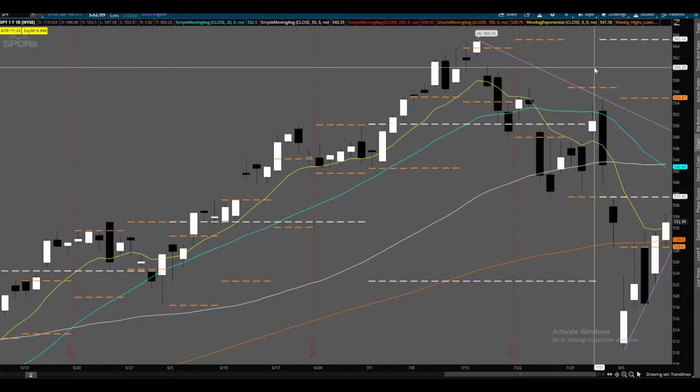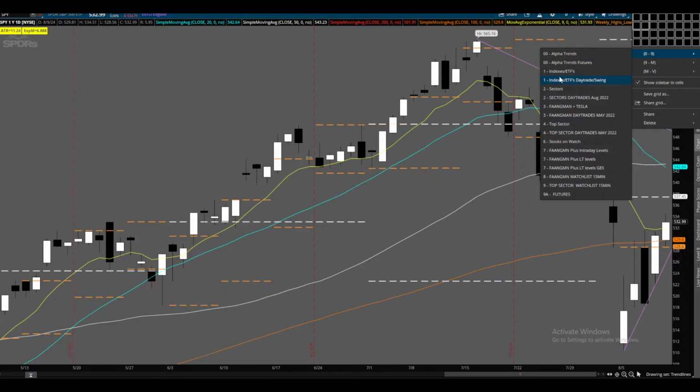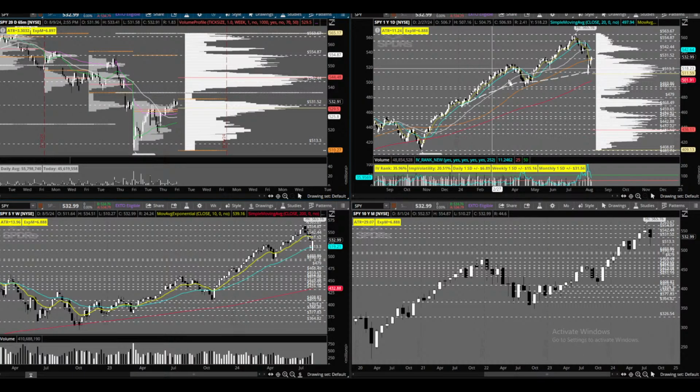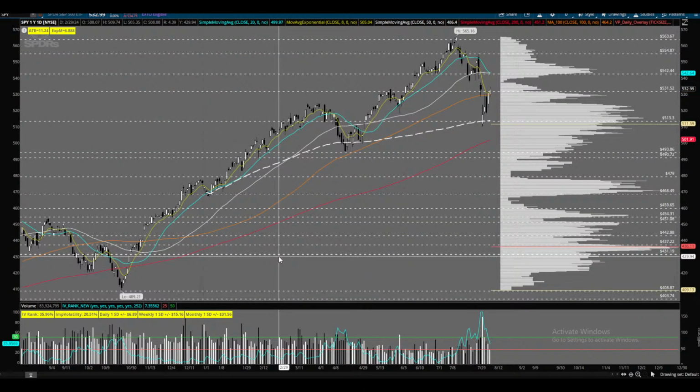Now, another thing I want to talk about. I'm going to bring you guys to a different chart. On this chart, I have an anchored VWAP from the beginning of the year, this big dashed line here. Now, look what the market did when it came there. Bounced right off of it.